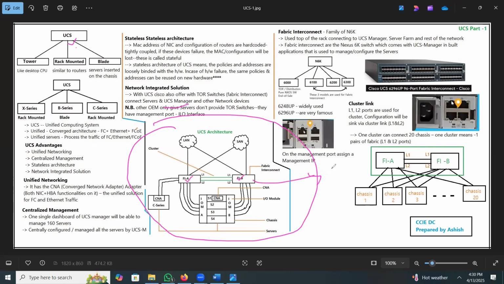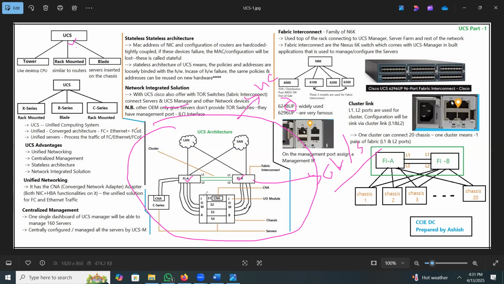This is basically a Nexus 6K or 5K switch, and this switch should have unified ports. So what are unified ports? I will discuss everything. Why is a unified port required for Cisco UCS implementation? How we can implement it and configure it from UCS Manager, everything I will discuss.